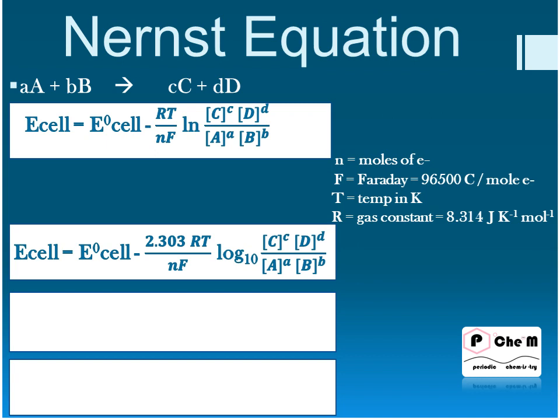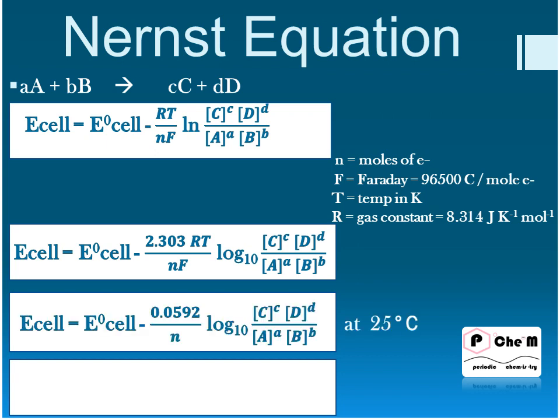Now, if we plug in the values of temperature, Faraday's constant and gas constant, then we get a new form of the equation, which is E cell is equal to E naught cell minus 0.0592 upon n log to the base 10 of the concentration of products divided by reactants raised to their coefficients.